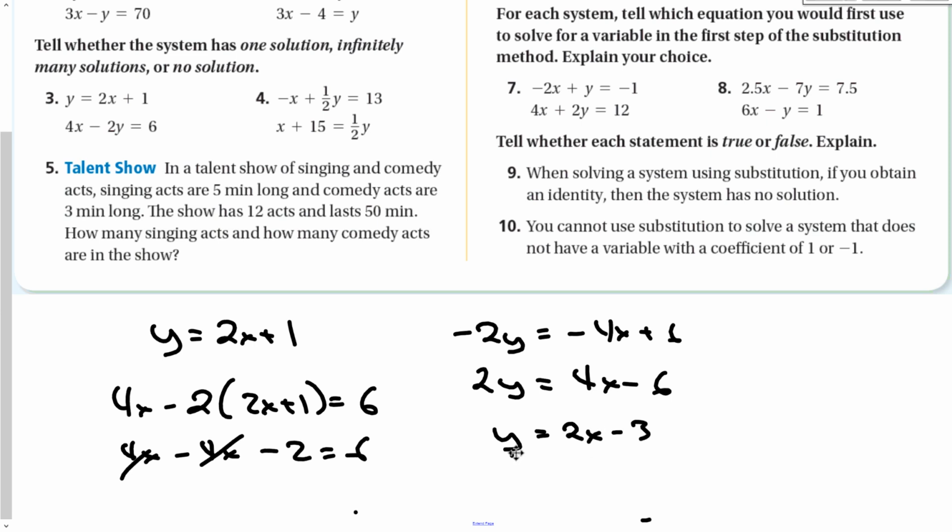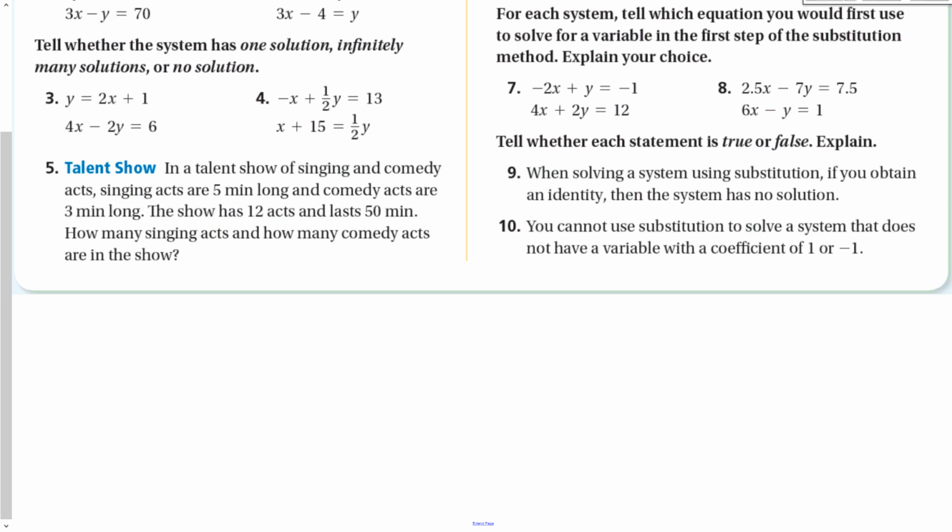Y is by itself, y is by itself. 2x minus 3 plus 1. These lines have the same slope, but different intercepts. They are parallel. Okay? Same slope, same intercept, same line. Different slopes, we are going to get one answer.